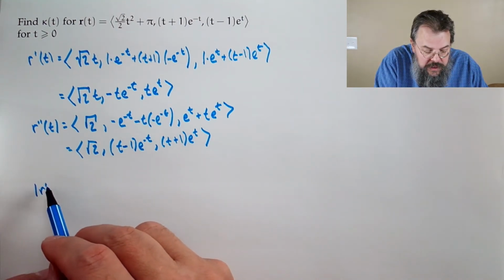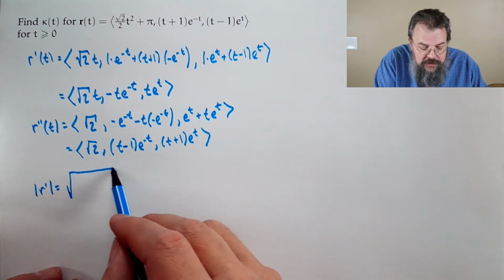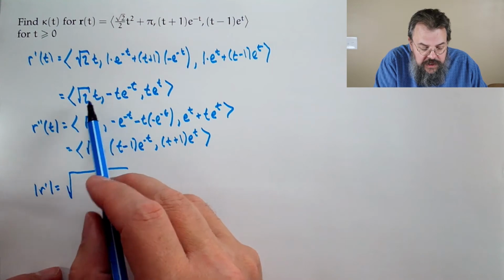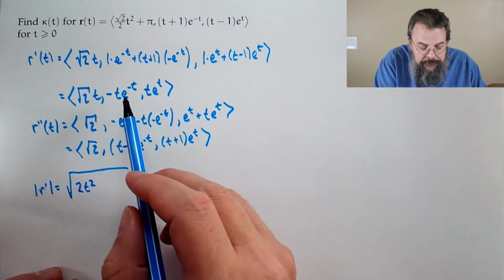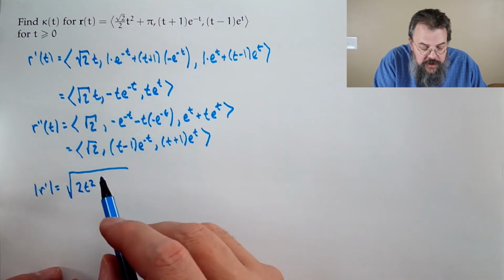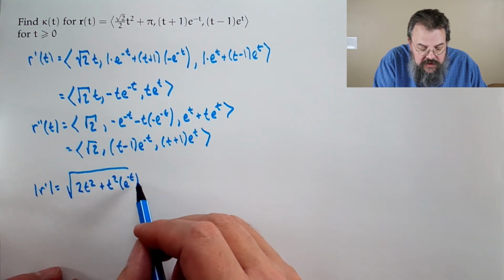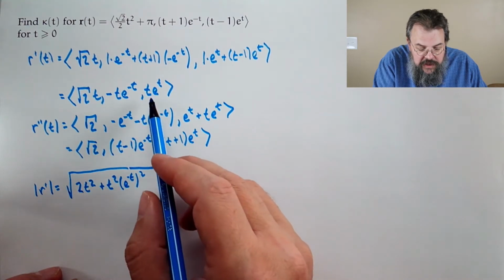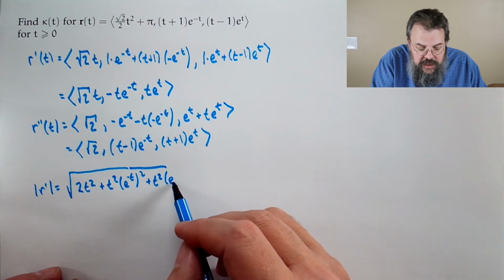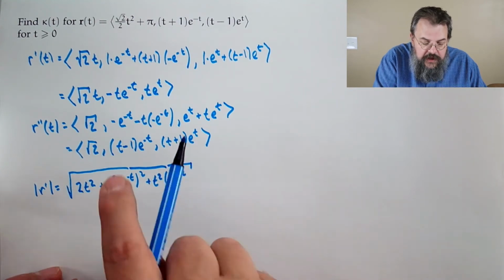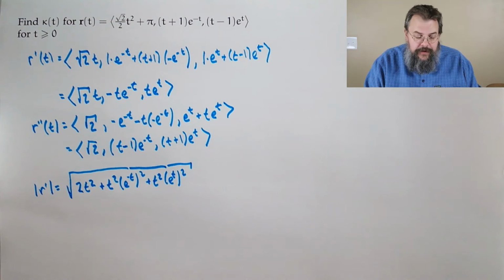Well, that will be the square root of, squaring each term, 2t squared, plus t squared e to the minus t squared, plus t squared e to the t squared. Notice that this minus, when you square it, goes away. And so there we have it.